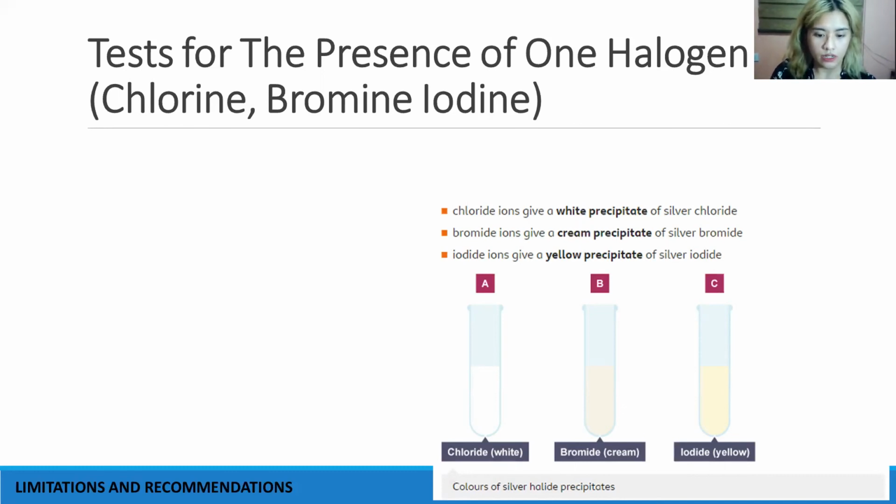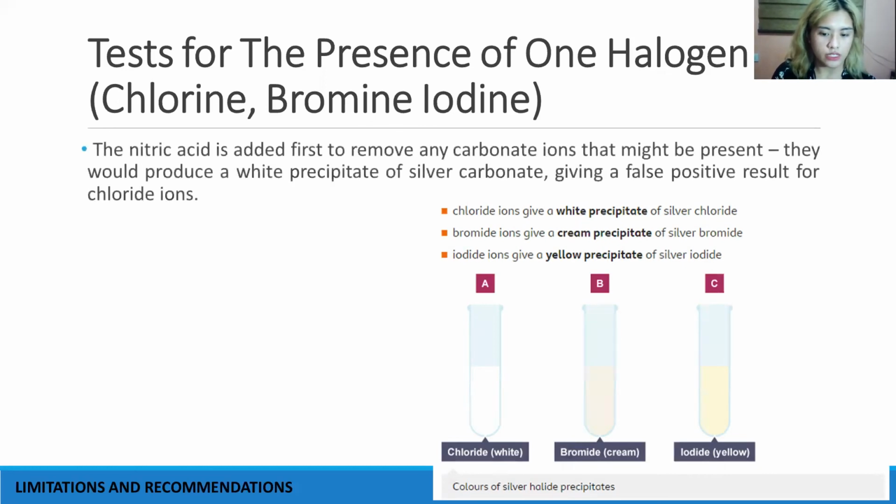So they are halogens. The halide ions in the solutions are detected using silver nitrate solution. The test solution is acidified using a few drops of dilute nitric acid, and a few drops of silver nitrate solution are added.